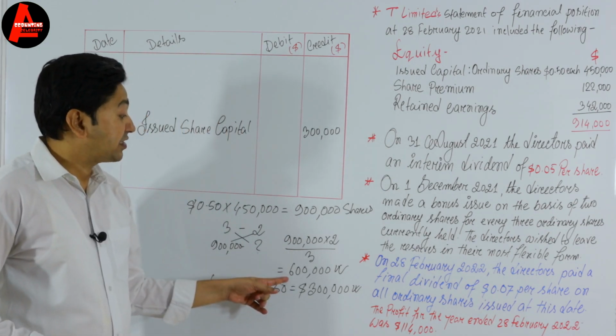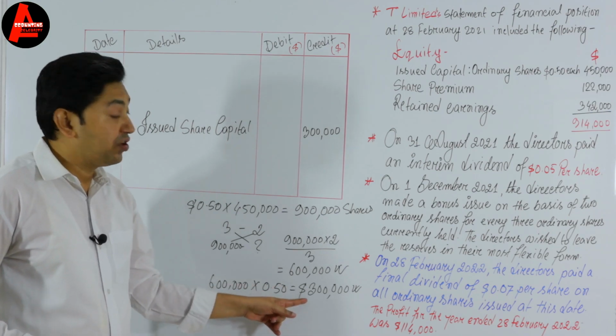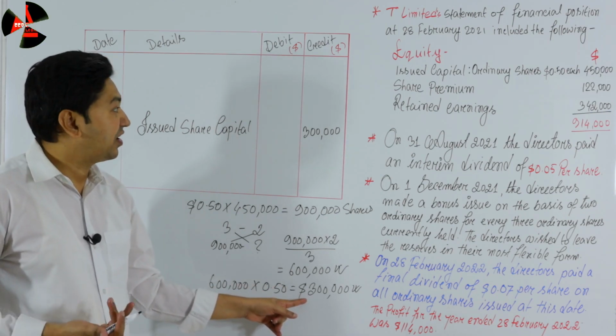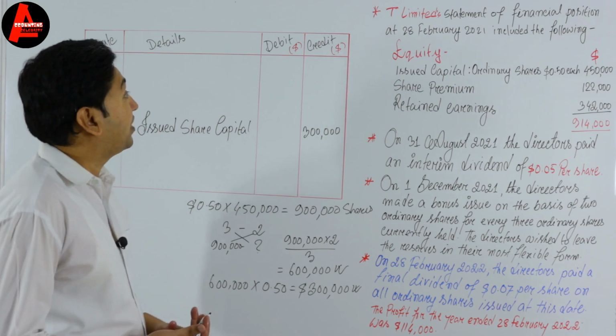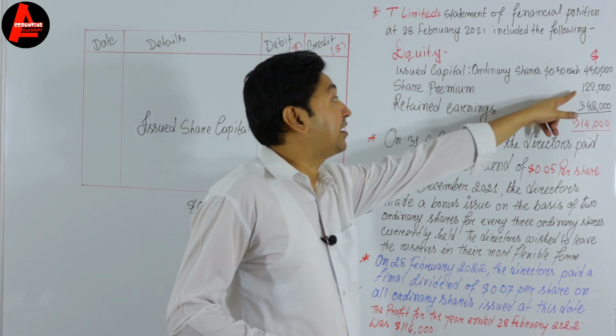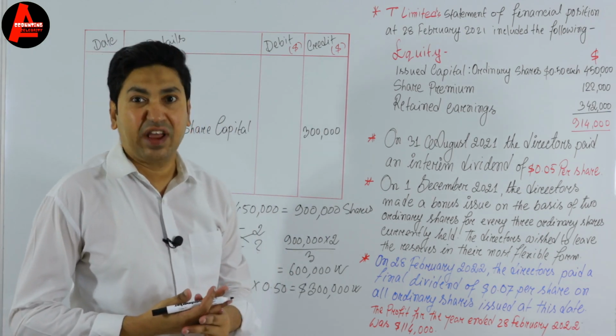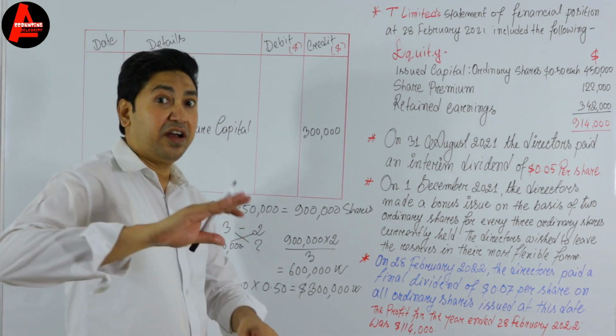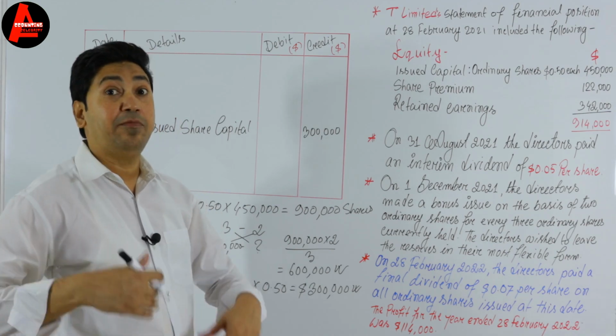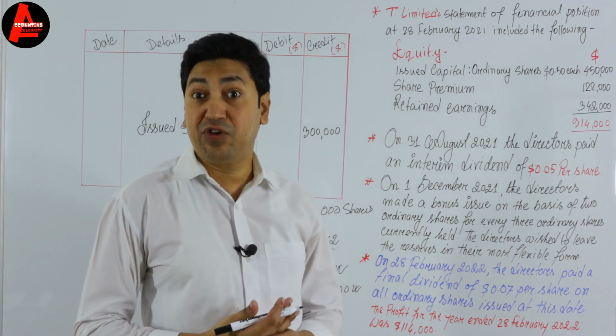The price for these 600,000 bonus shares is $300,000. Now share premium is a reserve, which means a liability. The liability will be decreased as it will be used for another purpose. When a liability increases, it will be credited.